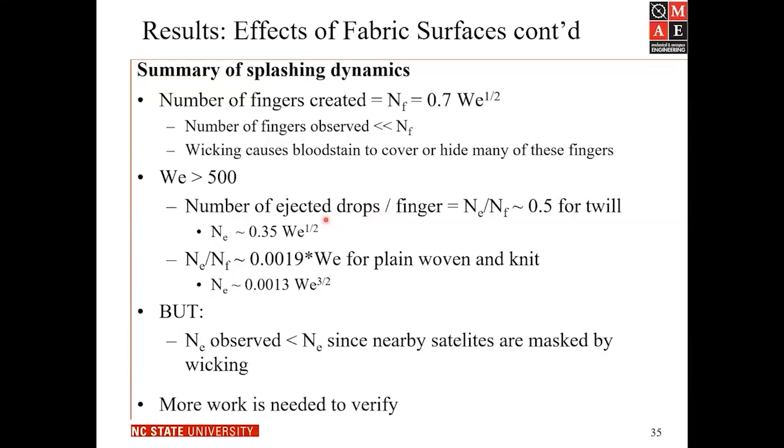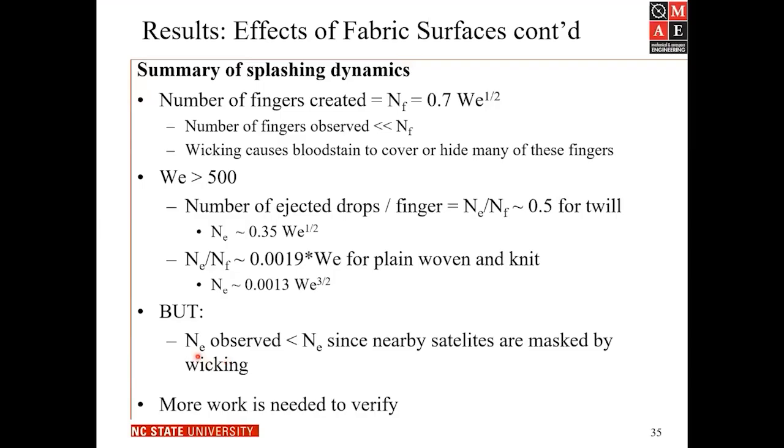diameter, then we can measure the number of ejected drops, and those, just plugging into our relationships, give us the number of ejected drops is about, for the twill, 0.35 times the square root of the Weber number. And for the plain woven and the knit, this number looks very small, 0.0013, but it's times the Weber number to the 3/2 power, so a much stronger dependence on the velocity.